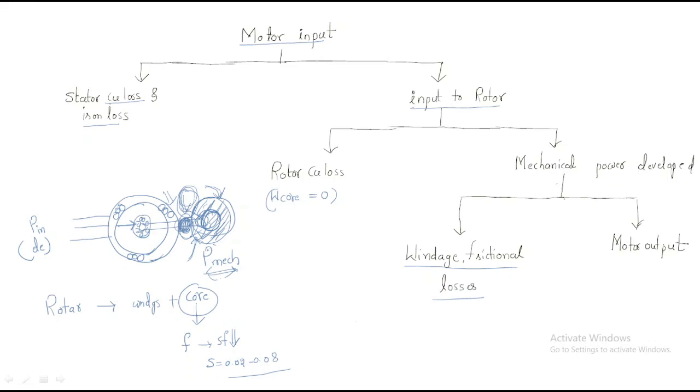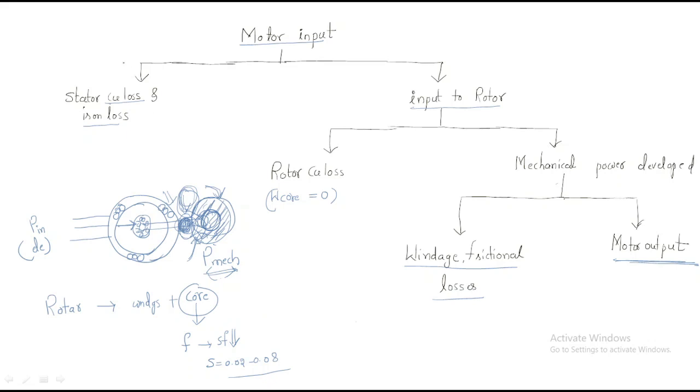This is called windage loss. Frictional loss occurs because whenever there is a coupling, there is friction between the rotor and the shaft. The final output is the motor output, which is given to the load.